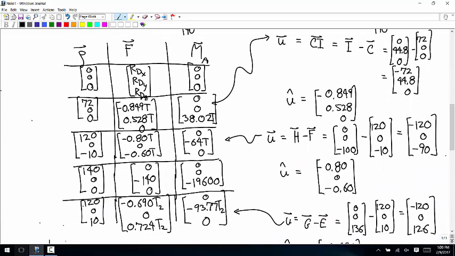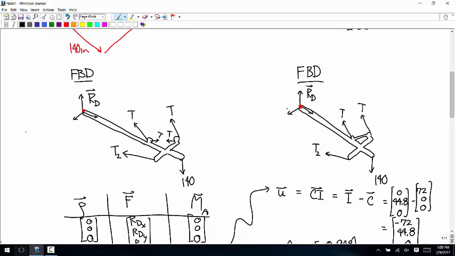Negative 80. Yeah, the 5. 1, 2, 3, 4, 5 forces. You improve the T for 2 T's. That's okay.